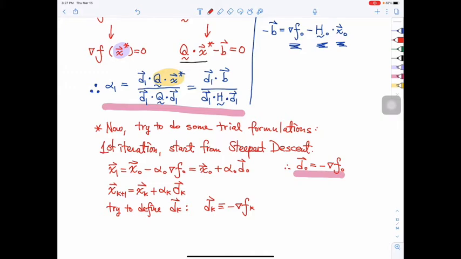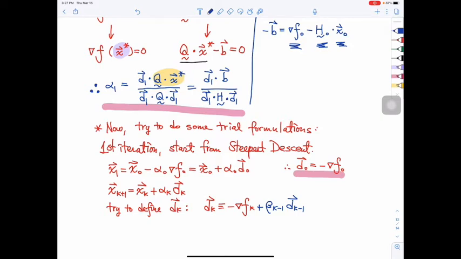So for conjugate gradient, I'm going to introduce a new movement. The new movement is going to be plus beta k minus 1 dk minus 1. So this is newly introduced to dk.